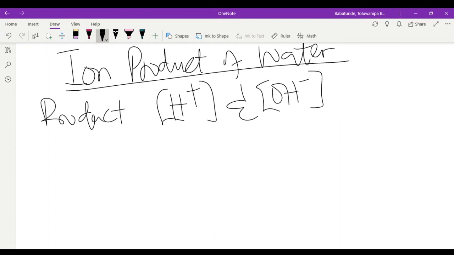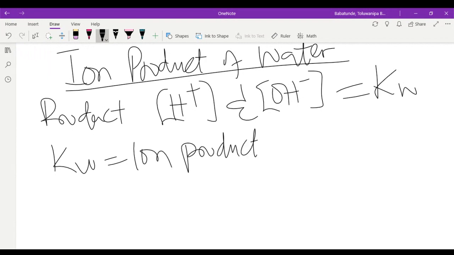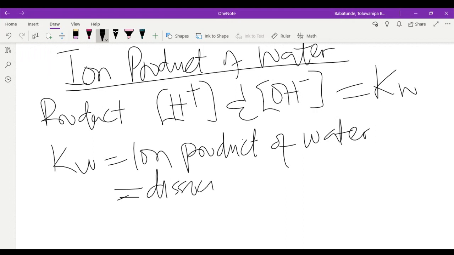It's always the same number, and we call it Kw. Kw is the symbol for the ion product of water, and it's also known to be the dissociation constant for water.